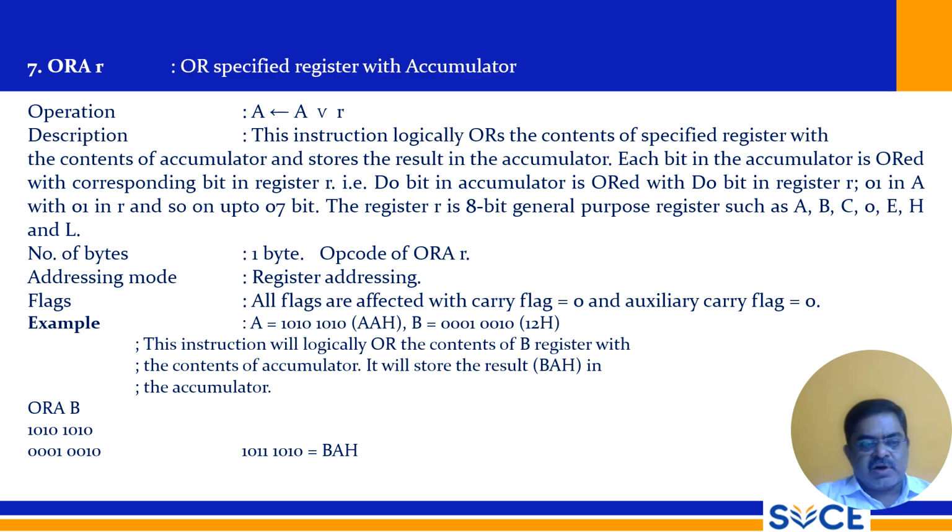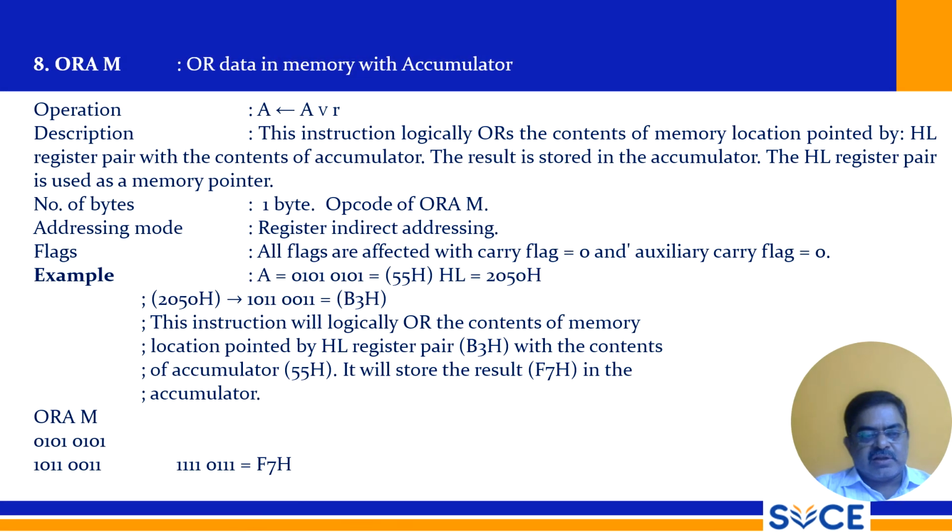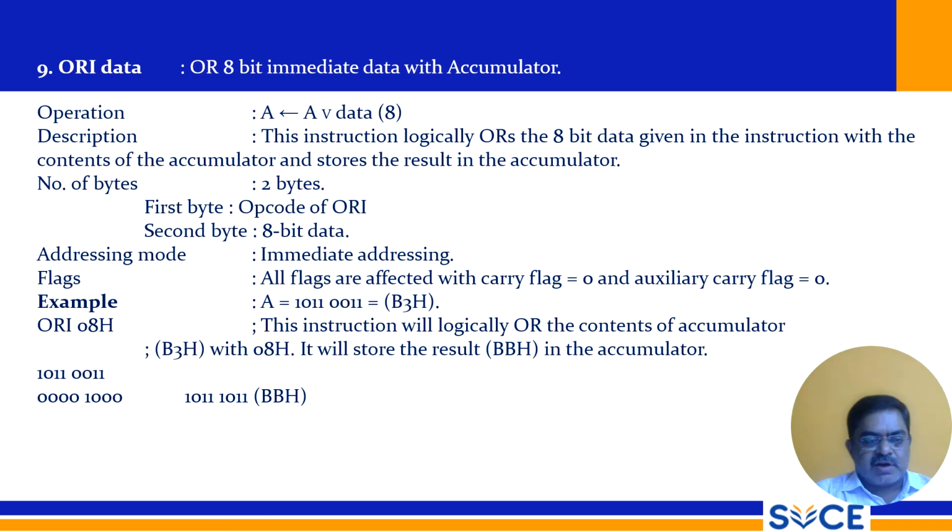So that is ORA R, and then ORA M. It is the same, the memory location that is pointed by memory pointer, that is HL register pair, and the accumulator contents and that memory location contents will be ORed, and the result will be stored in accumulator again. ORI data, it is immediate addressing mode, and all flags are set, carry flag equal to 0, auxiliary carry flag is also 0.